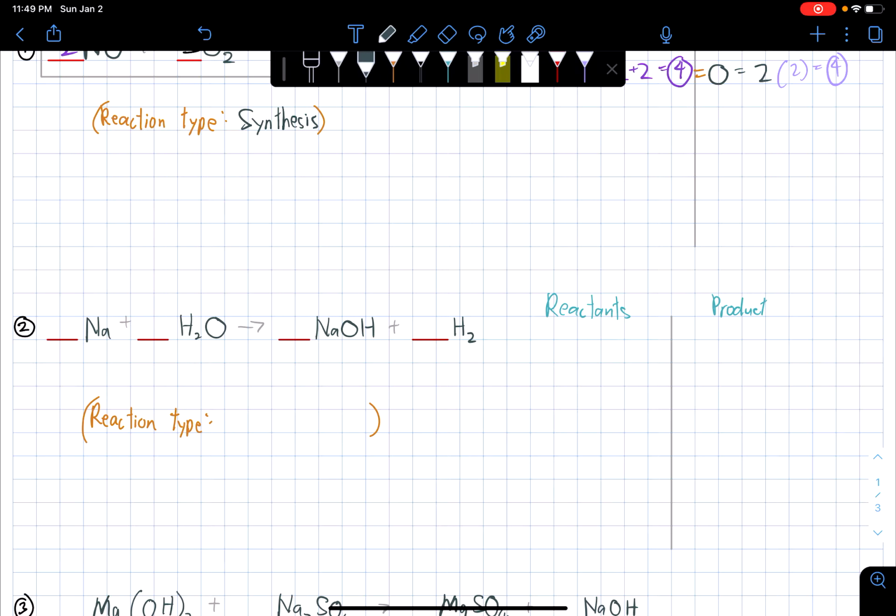For the reactant side, let's list. We have sodium, we have hydrogen, we have oxygen. Just to tell you, why did I separate H2O? Shouldn't they be together when enlisting the reactant and product sides? Well, H2O, water, is not an ion.